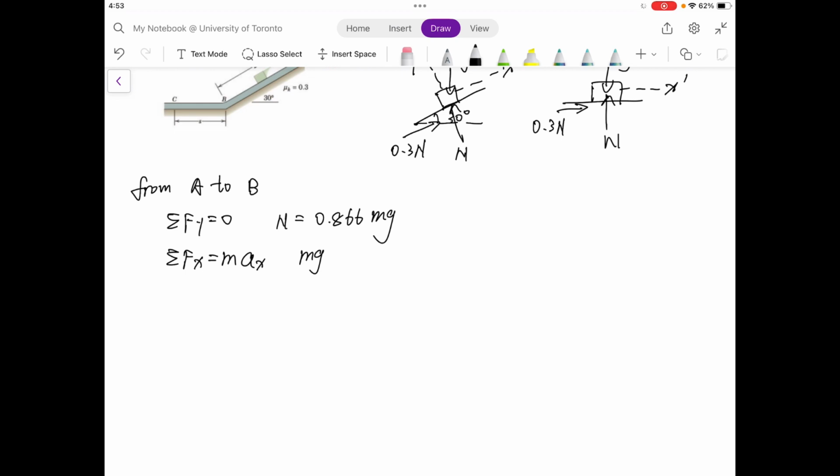So mg sine 30 degrees minus 0.3 times the normal force, which is 0.866 times gravity, is equal to m a x. So a x is equal to 2.36 meters per second squared.